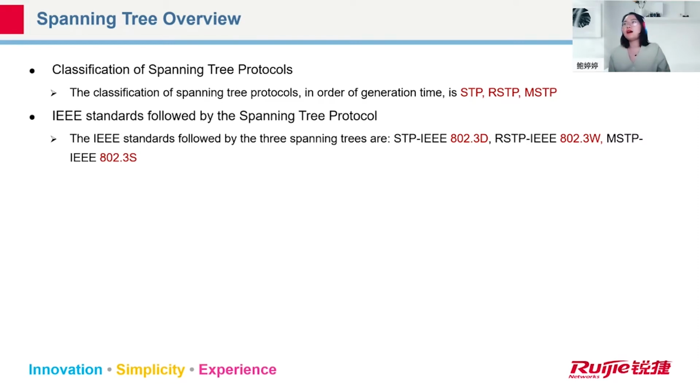For example, we can have the redundant link, and we can also have the logical blocking in our network. But STP also has some disadvantages, for example, the convergence is not fast enough. So we have RSTP. And RSTP also has some disadvantages, so we will use MSTP.